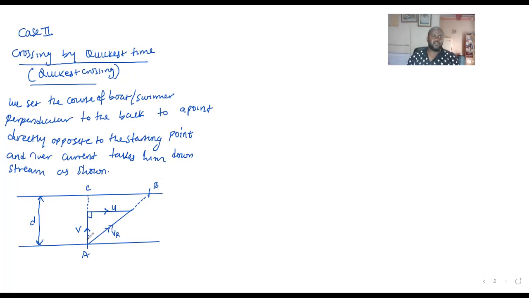So we have set the course of the boat or the swimmer perpendicular to the bank. Therefore, the resultant velocity will be got from V squared plus U squared. Now, because these are velocities, the resultant will become the square root of U squared plus V squared.